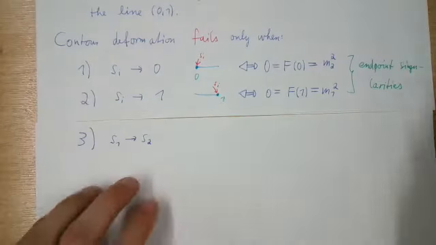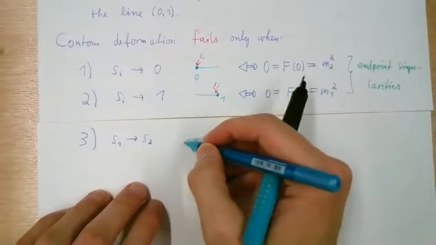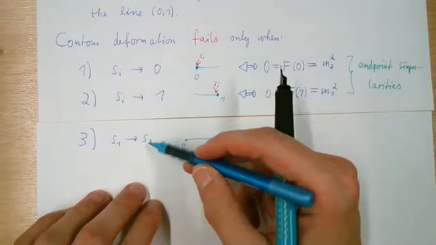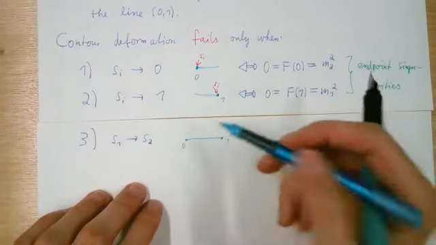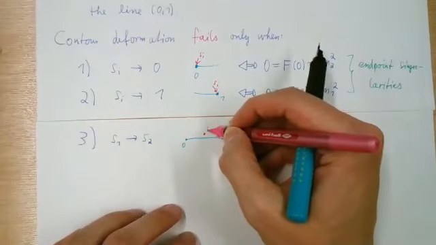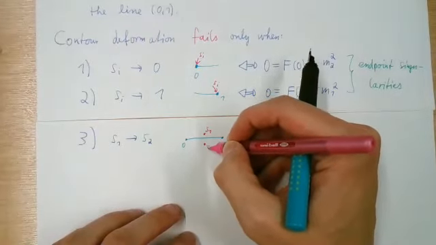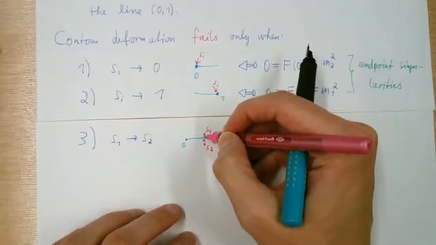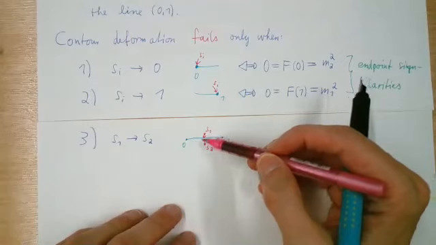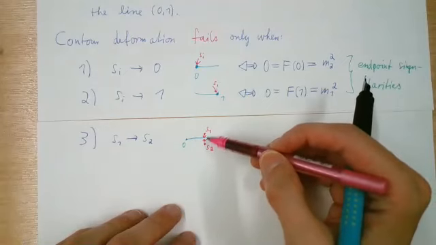So how does the situation look? Well, you have your integration path from 0 to 1. And now you can assume that you're not at 0 or 1. So that's not the problem. So let's say S1 is here and S2 is below. But now suppose they become the same. And then the problem is that they pinch the integration path between them. So you cannot wiggle the path out of there, right?